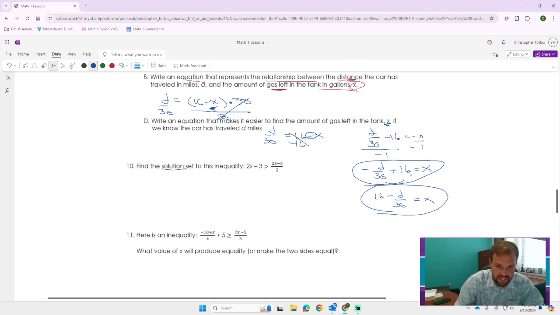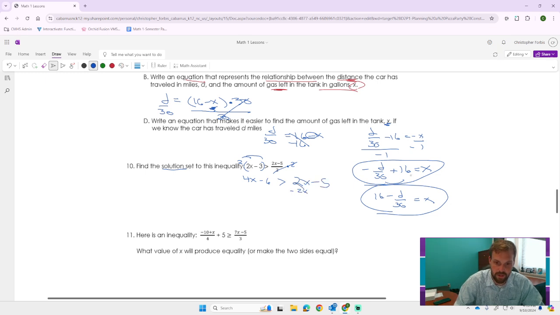So in this case, I'm trying to get x by itself. I don't like fractions. I'm going to try to multiply both sides by that 2 to get rid of it. And I can distribute it through. So I get 4x minus 6 is greater than, because we didn't multiply or divide by a negative number, so that stays the same, 2x minus 5.